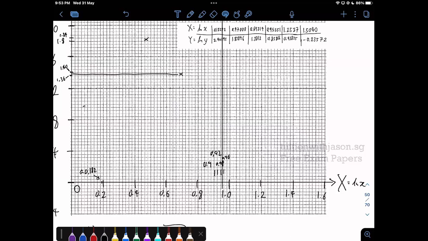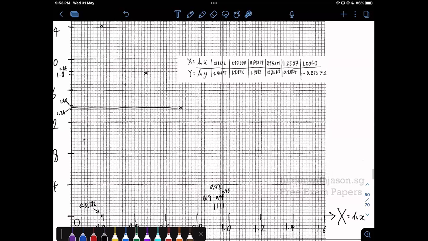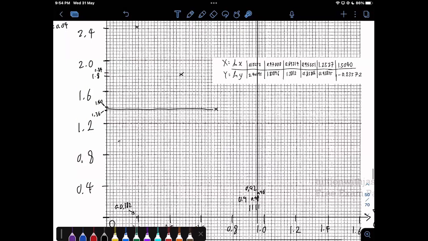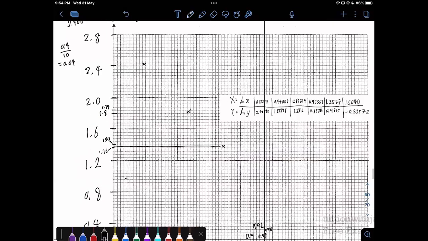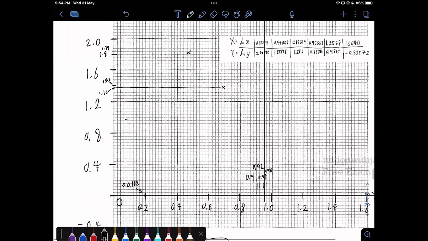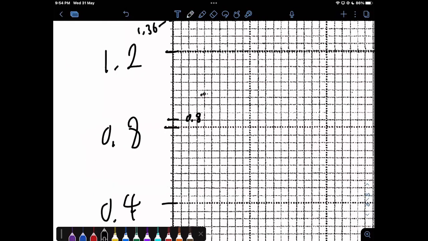Now I have to plot my y coordinate, which is 0.85866. 0.8 is over here. Each time I move up, it's 0.04. So this point is 0.84.